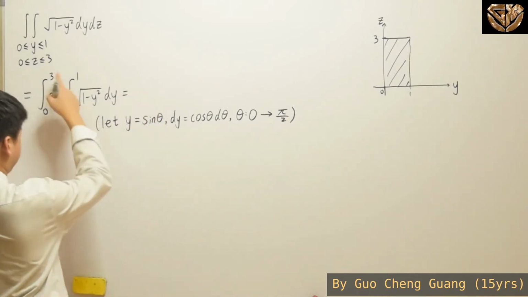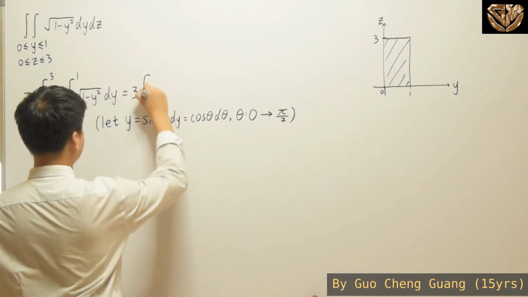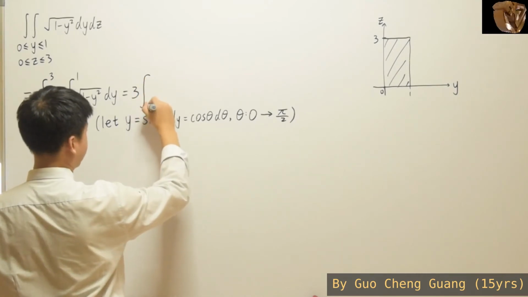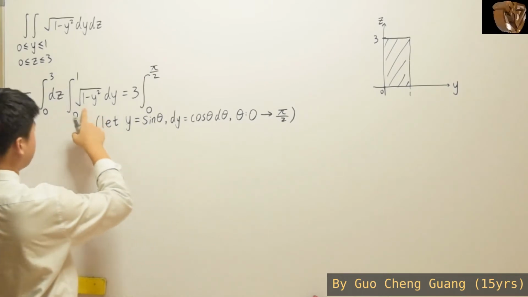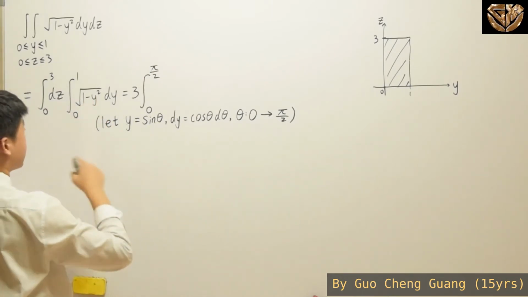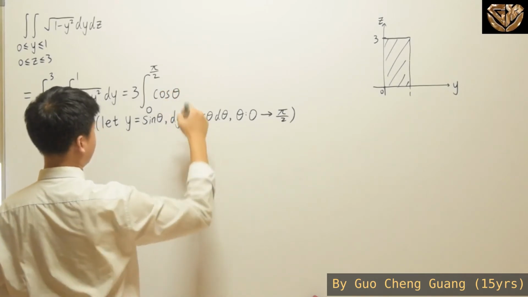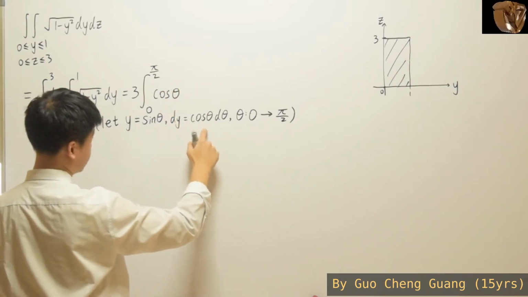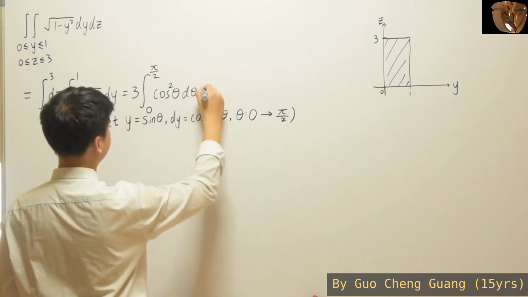Right, so the integration in front, you get 3. And integrate from 0 to half pi. 1 minus sine squared would give you cosine squared, which gives cosine theta. But with your dy, you have another cosine, which gives cosine squared theta d theta.